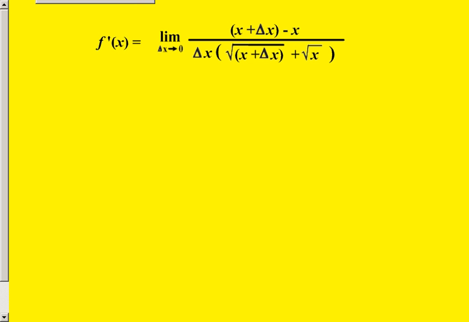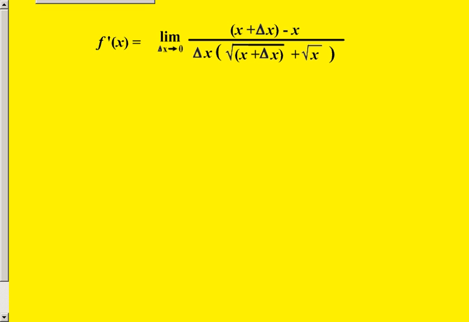Now doing the distribution through that. After the distribution is done, here is what we end up with. The numerator is greatly simplified, which is what we were actually hoping for. Now the denominator got really pretty ugly there. But what we do find is that we have a situation where we have delta x kind of prevalent there in the denominator.